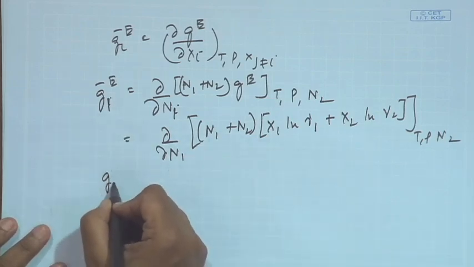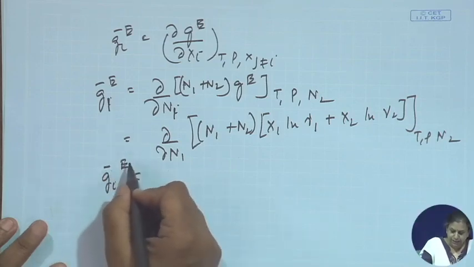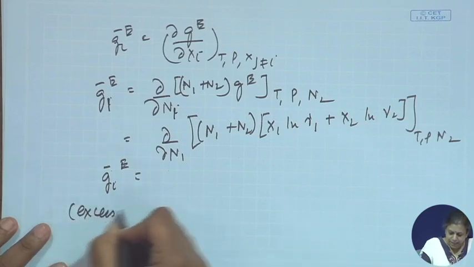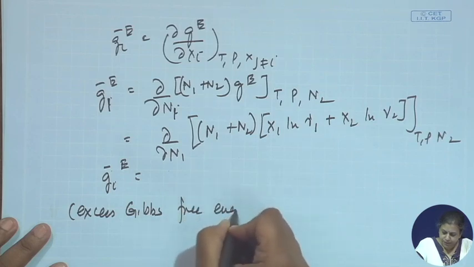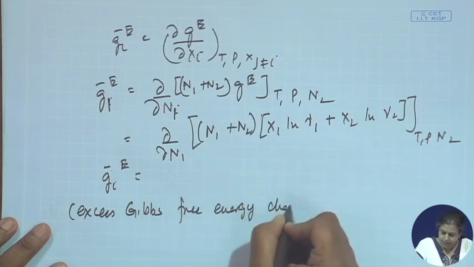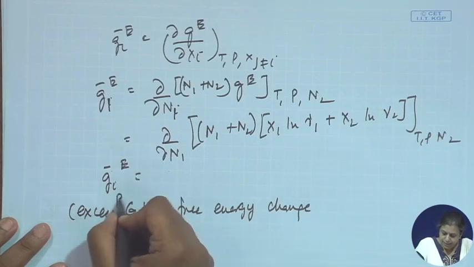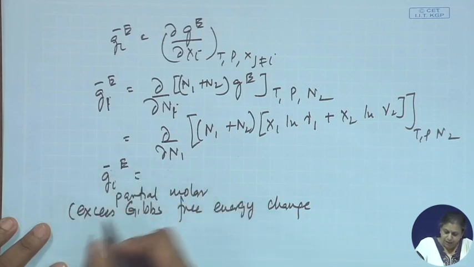Simply differentiate this and what do you get? You just differentiate it, you are going to get G i bar E, that is the excess, I will write it down, excess partial molar Gibbs free energy change. Why the bar is there?